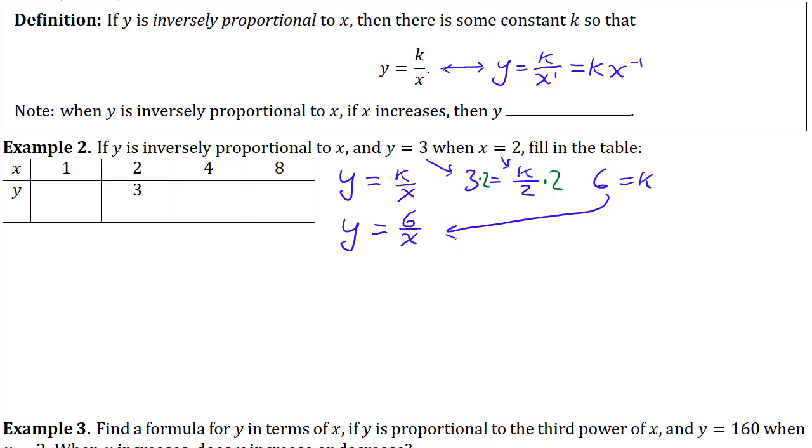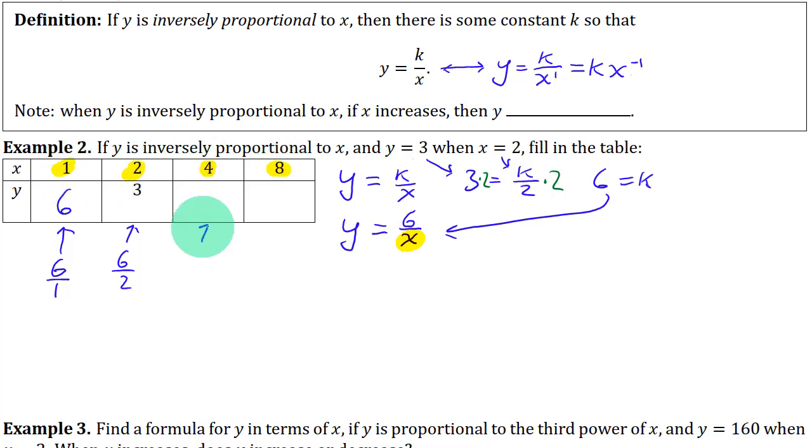So let's see. When you plug in x equals 1 here, the y is going to be 6 divided by 1, which is just 6. And if you want to check this one, if you do 6 divided by 2, replacing the x with 2, you'll get that 3.